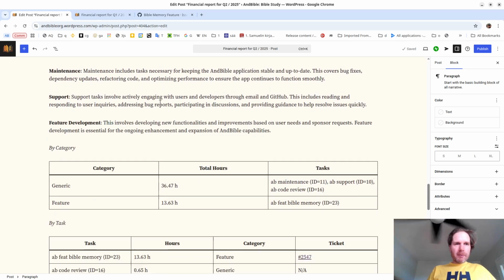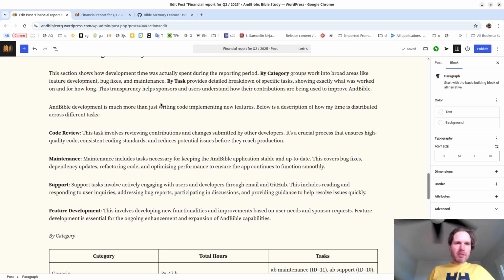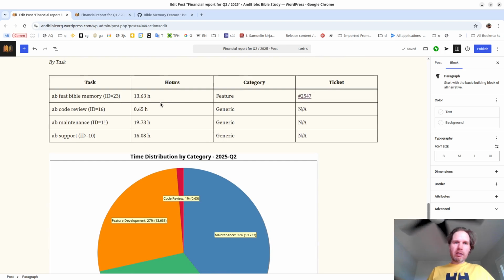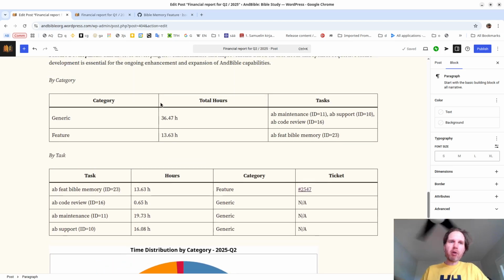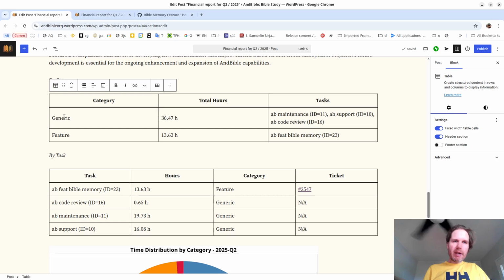So what then? Then I have some time tracking summary. It is similar to the earlier report. I have first by category, generic and feature, how many hours. Okay, this would maybe be interesting to have also in percentage, but in this report it is only in hours.